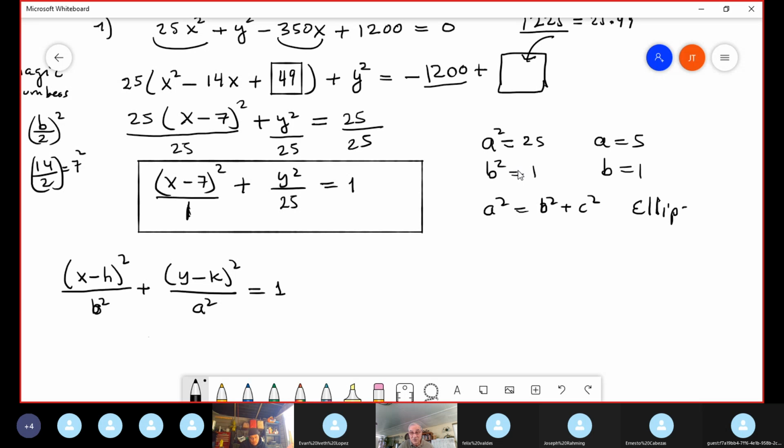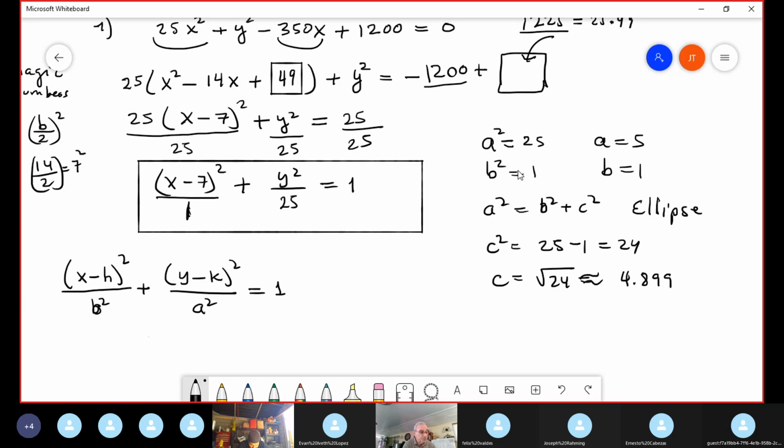Be careful, it's different from the hyperbola. So in this case, c squared is 25 minus 1, because a squared is 25 and b squared is 1, so 24. Then c alone is the square root of 24. 24 is not a perfect square number, but I compute the approximation to the tenths, which is 4.899.